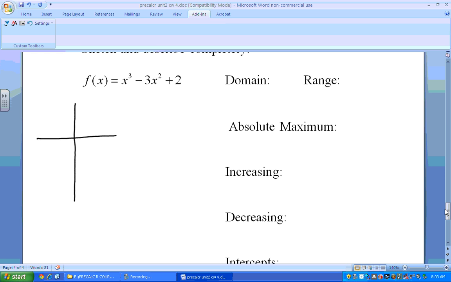Maybe not. So as we sketch, we just got to go like this. And a good sketch kind of looks like this. It's probably not as deep over here, right?